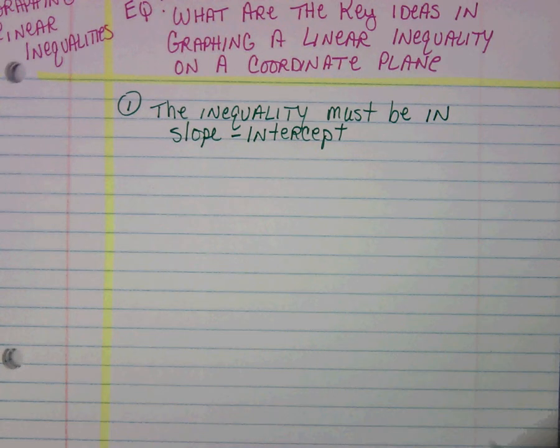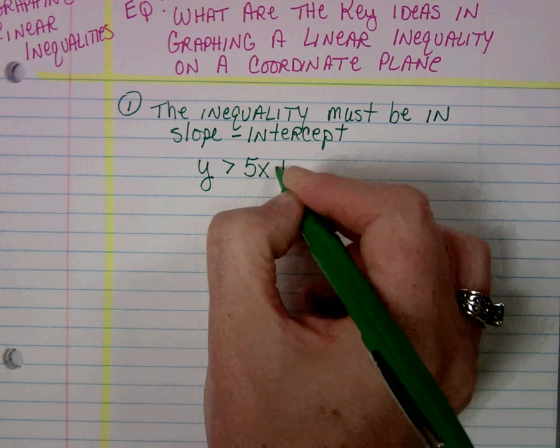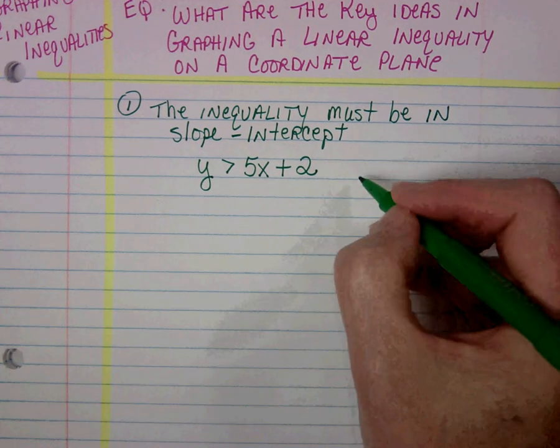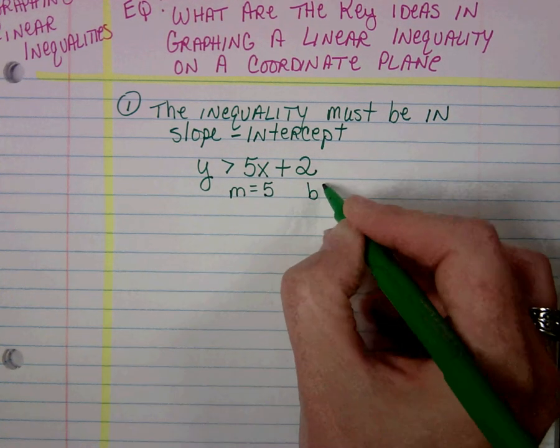So for example, here's an inequality in slope-intercept form. We need it in slope-intercept form because we need to understand how y compares to the rest of the equation. Just like with an equation, we would identify the slope, which is 5, and the y-intercept is 2.